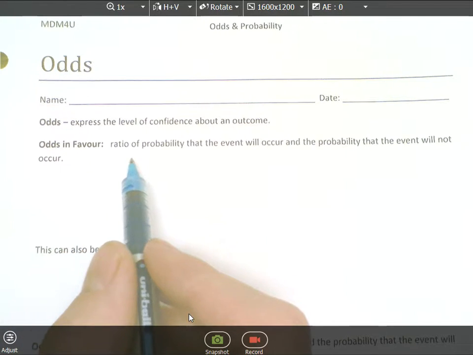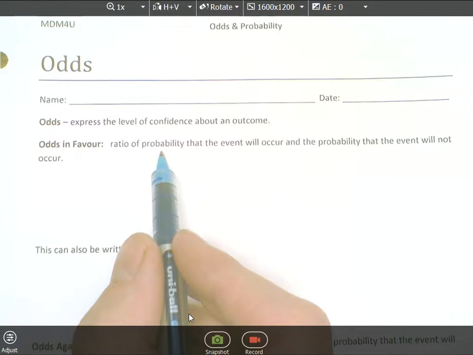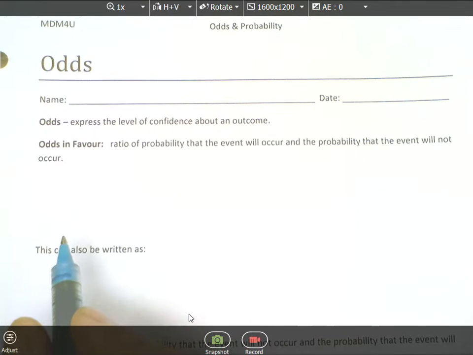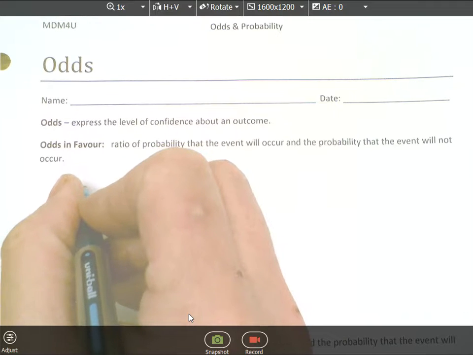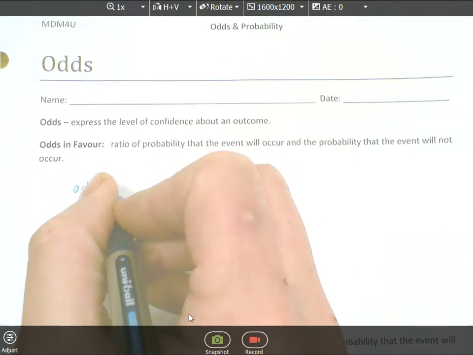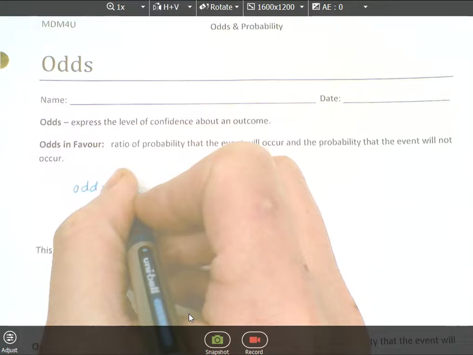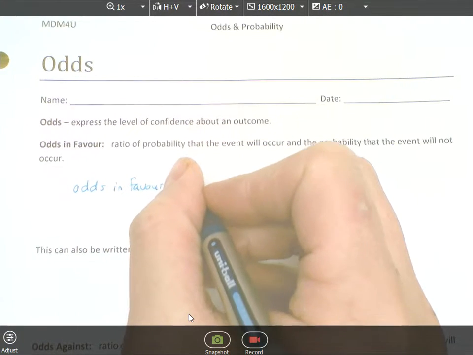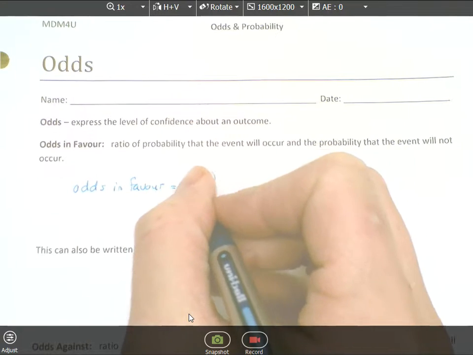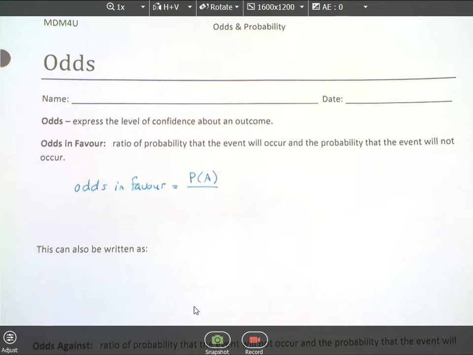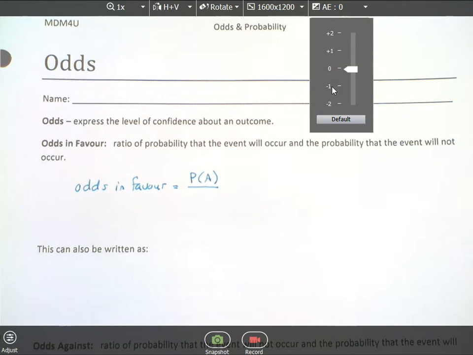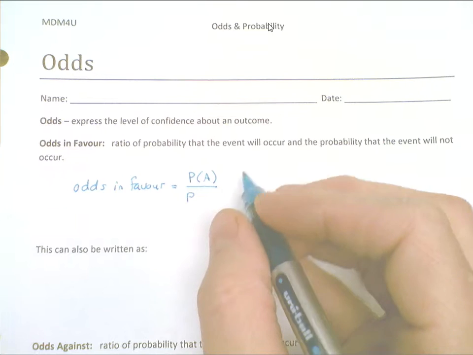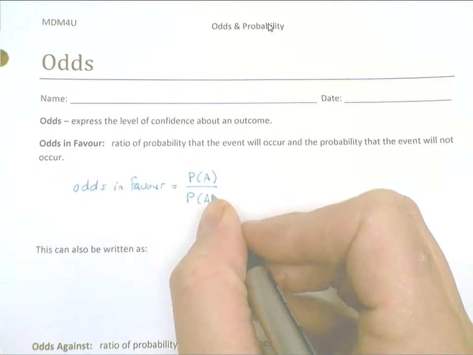What that is, and how we calculate it, is the ratio of the probability that an event will occur and the probability that the event will not occur. So how we write it is like this: odds in favor equals the probability that the event happens divided by the probability that the event does not happen.